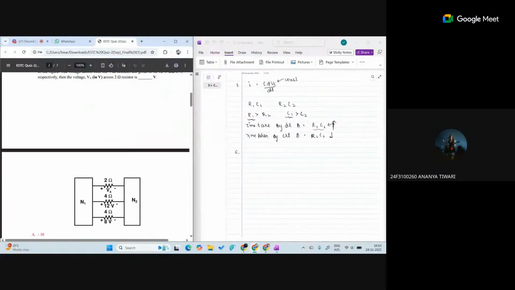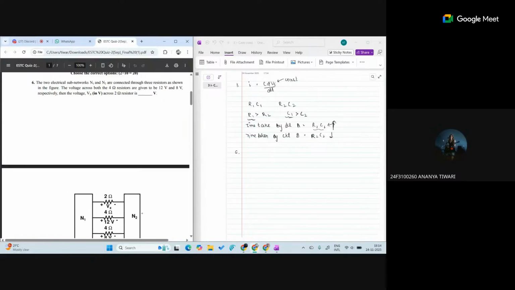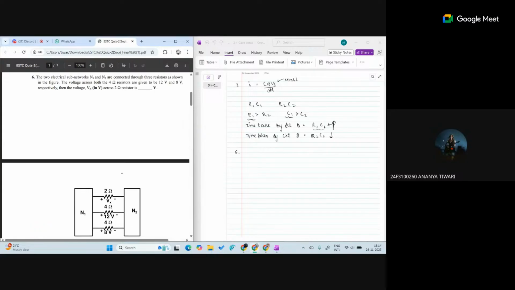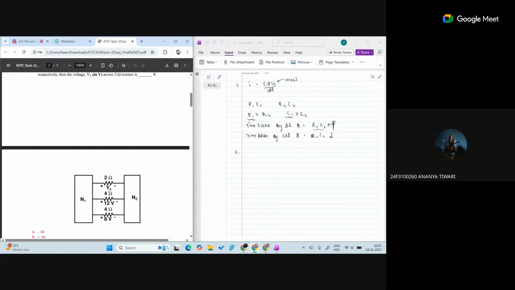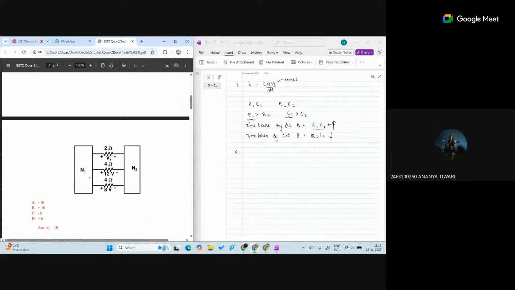it is given that we have two subnetworks N1 and N2 where we have these three resistors, where two are 4 ohms and one is 2 ohm, and we are given the voltage across it, and we have to find this Vx. So if you see in this question, in N1 side we have positive side, right?